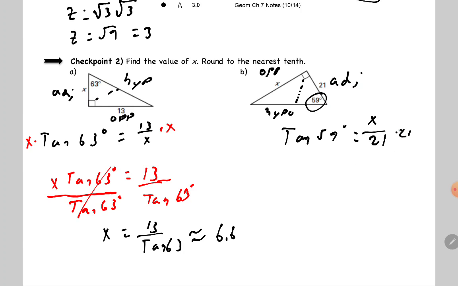Multiply both sides by 21, and we'll get x is approximately 21 times the tangent of 59, which is about 34.95. I have to go check the work here. 21 tangent 59. Okay, this is 34.94. So this will round to 34.9.